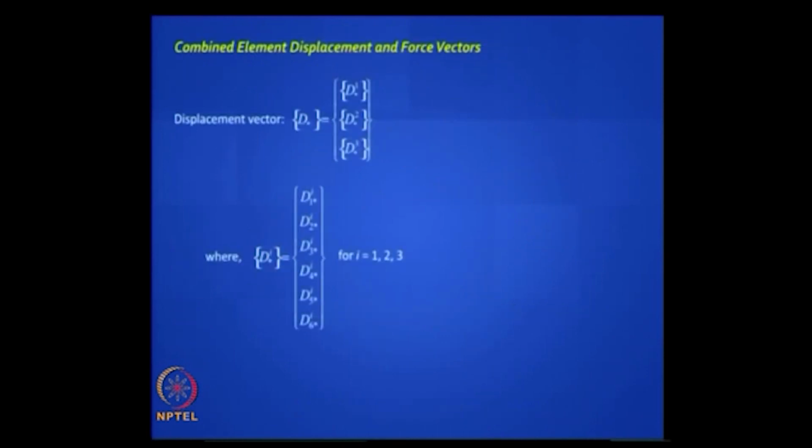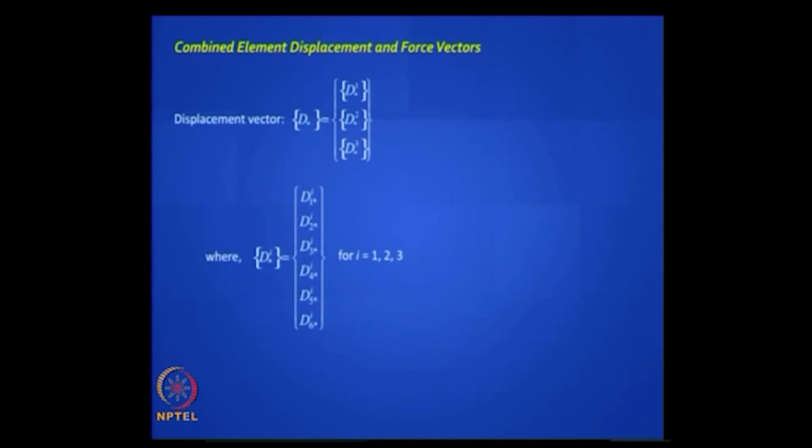Now you can also combine all the elements together and put them in one group. For example, I call a combined element displacement vector D star without the i, which means it includes D1 star, D2 star, D3 star. Each of these is 6 by 1. So what is the size of this one? 18 by 1. If I have 525 elements, I won't waste time doing this because it is too complicated.